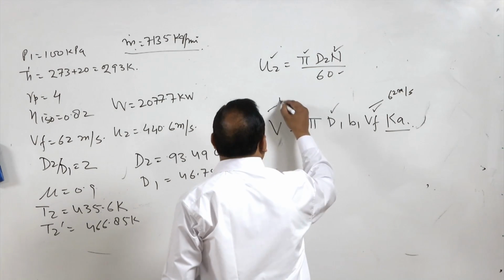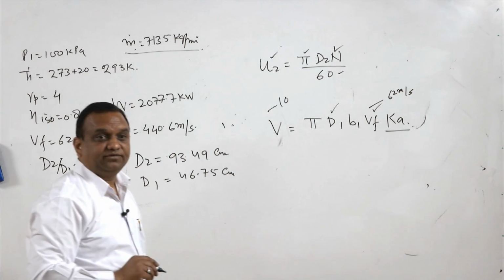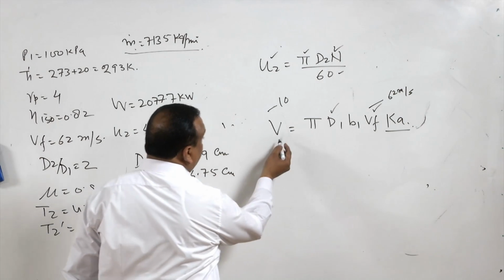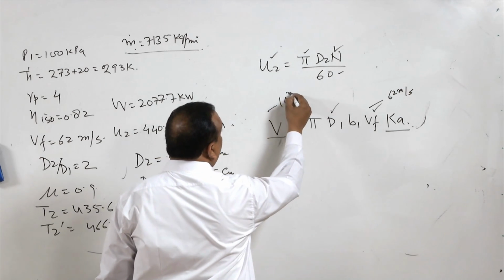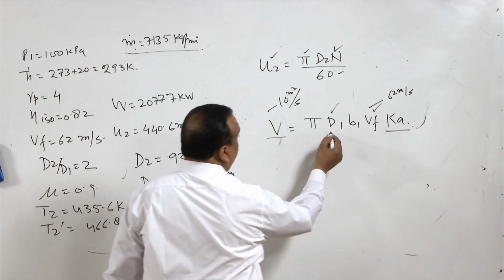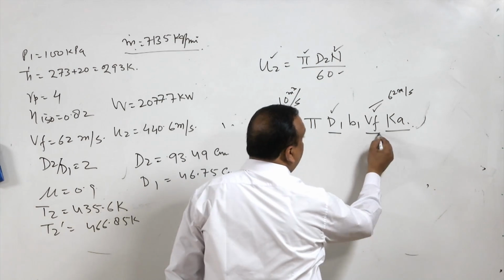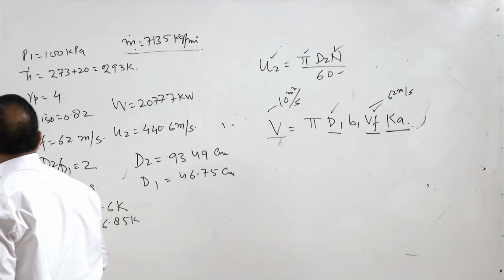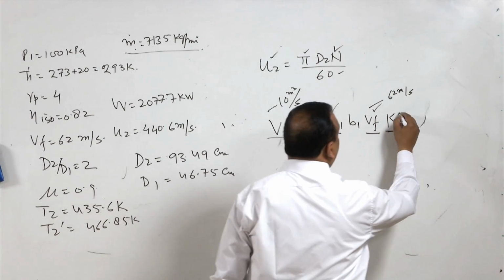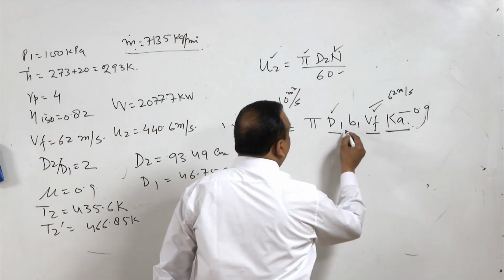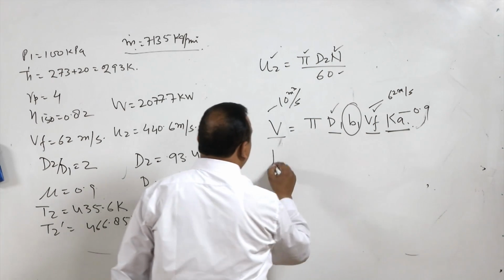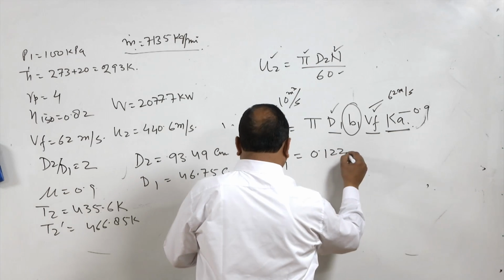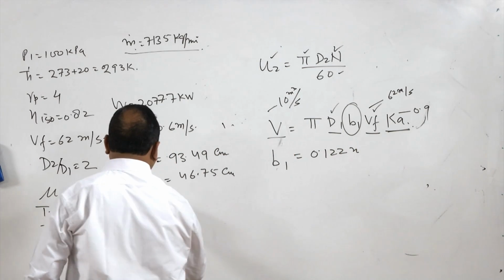V is 10 meter cube per second, as given here. Ka is 0.9. And this will give us the value of B1, which is 0.122 meter or 12.2 centimeters.